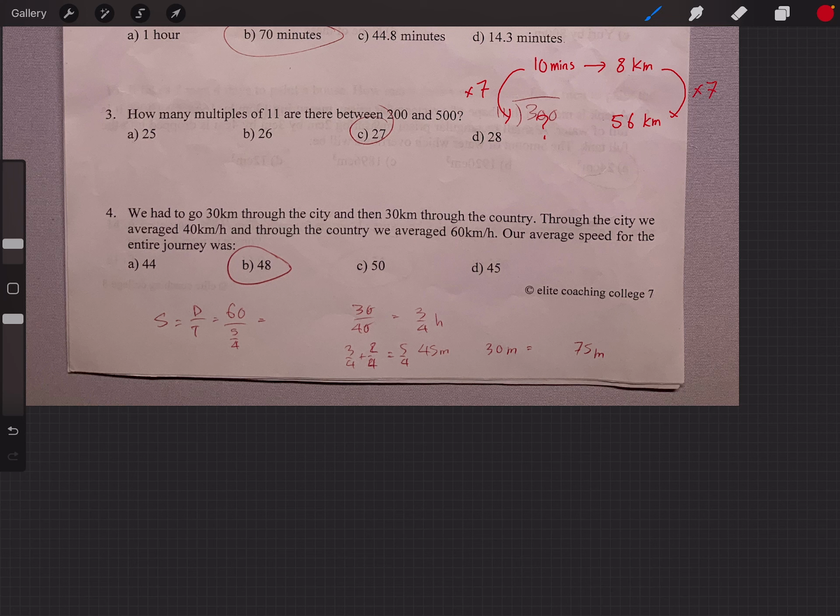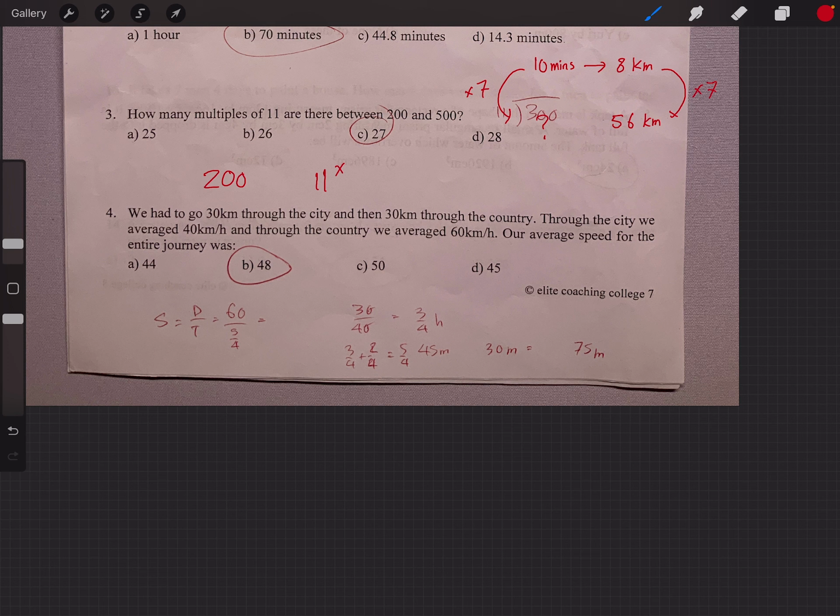How many multiples of 11 are there between 200 and 500? Let me think. So let me see, 11 times what will give me a bit more than 200.